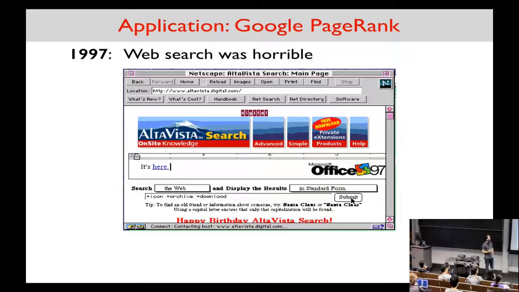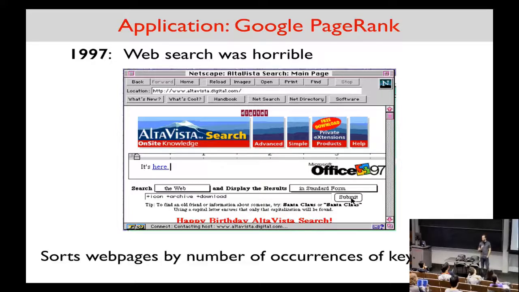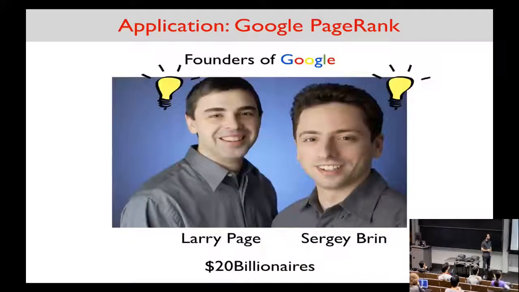The most famous search engine at the time was AltaVista. And the way it ranked web pages when you searched for something was extremely simple. It just sorted by the number of occurrences of the keyword. Very simple idea. So it didn't work well, obviously.